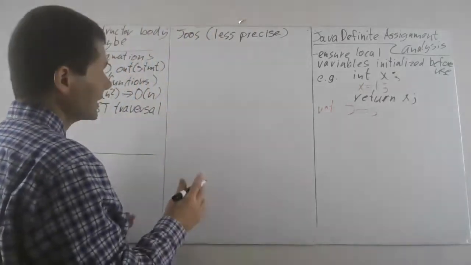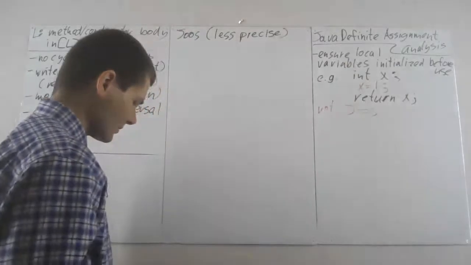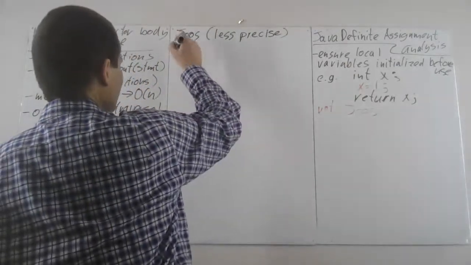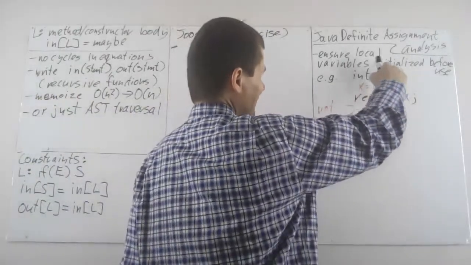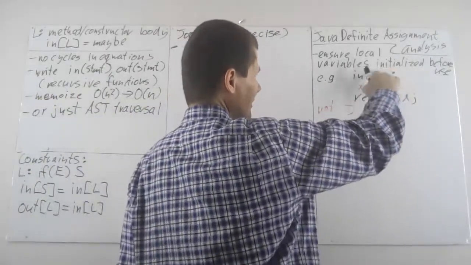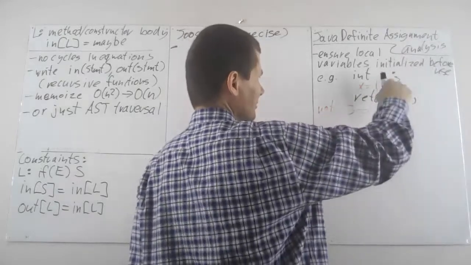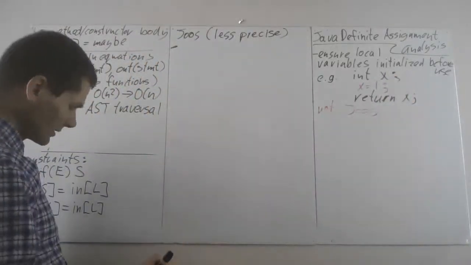So in JUICE, I'm not going to bother implementing a whole other analysis. But in JUICE, I'm going to make a rule that says, well, if only I just initialized a variable as soon as I introduce it, then I wouldn't have this problem, right? If I initialized x right at the declaration.